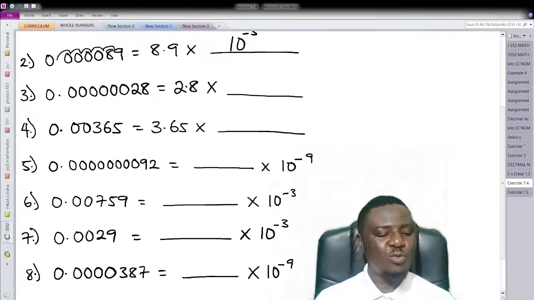Okay, I understand what you did. You are not to give me the other part. You are only to give me the value of A. So it's 7.59, but it's times 10 to the power minus 3.